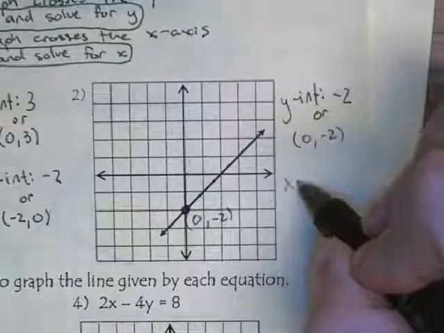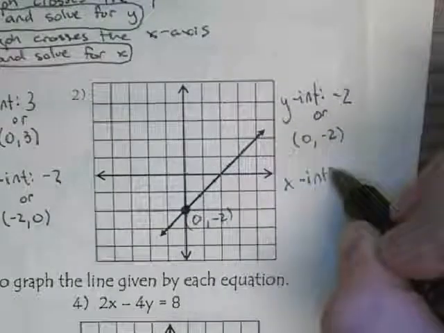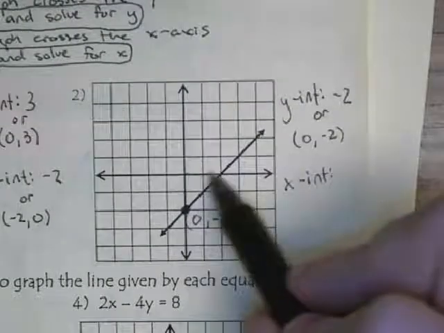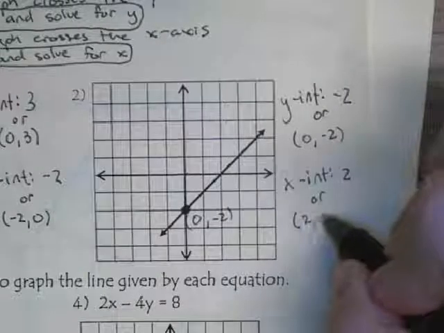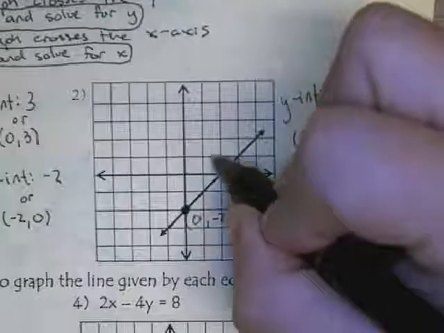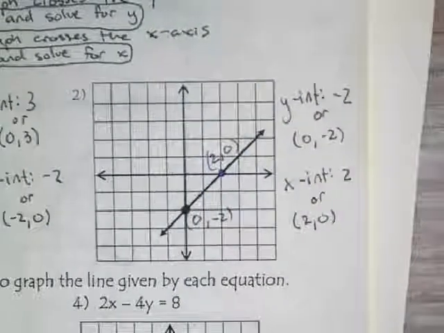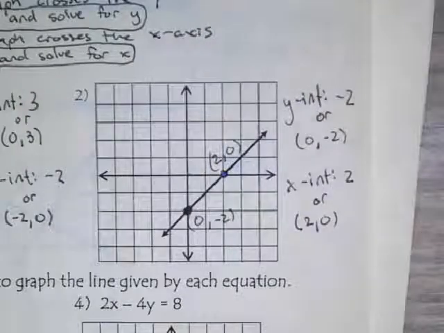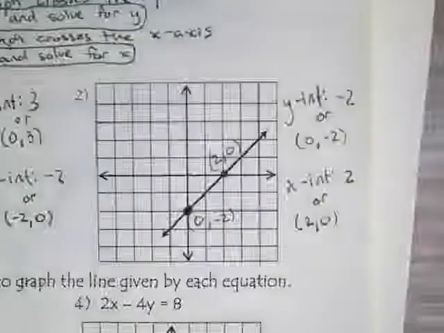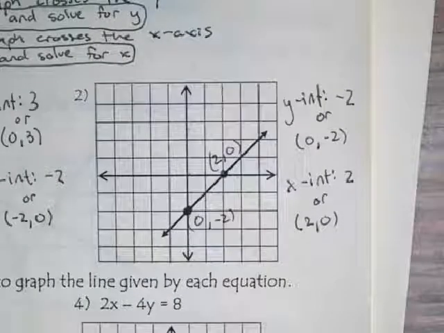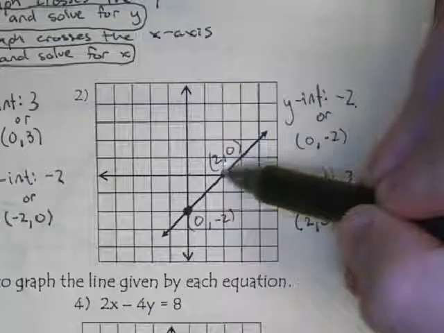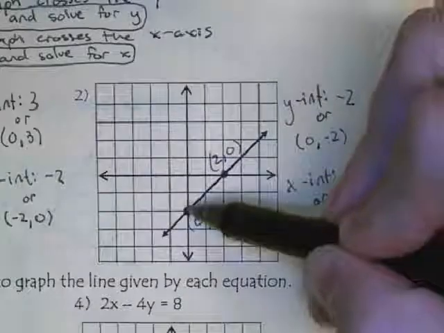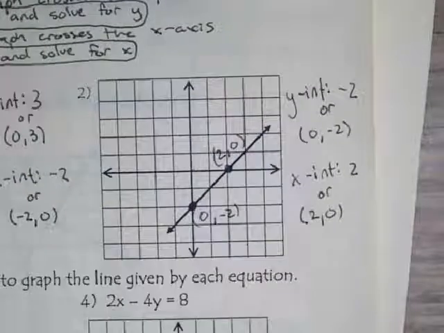And our x-intercept would be at positive 2, or the point 2, 0. So that's how we can identify our x and y intercepts just by looking at a graph. We're just looking for the points. An x-intercept where it intercepts the x-axis, and a y-intercept where it intercepts the y-axis.